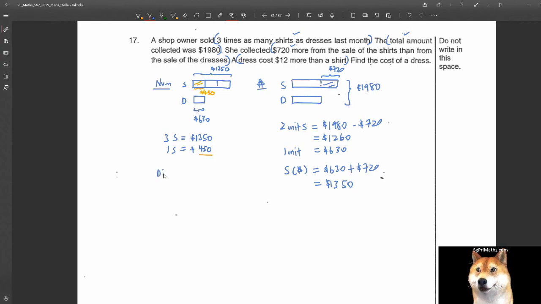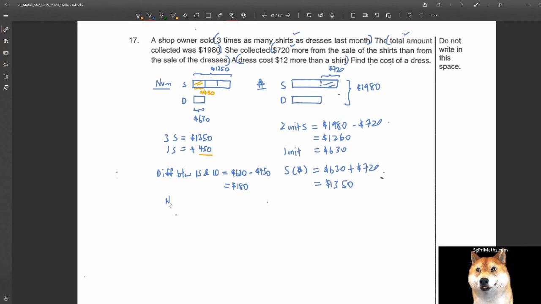So the difference between one unit of shirt and one unit of dress would be equal to 630 minus 450. This will be equal to $180. So the difference between one dress and one shirt is $12.